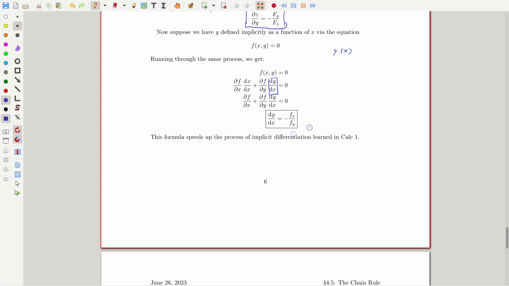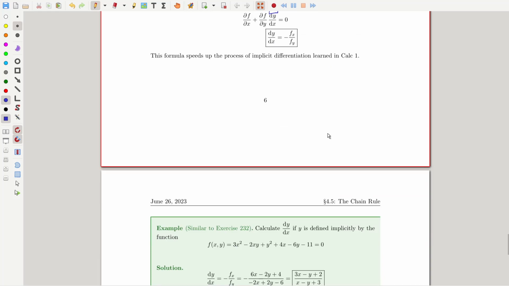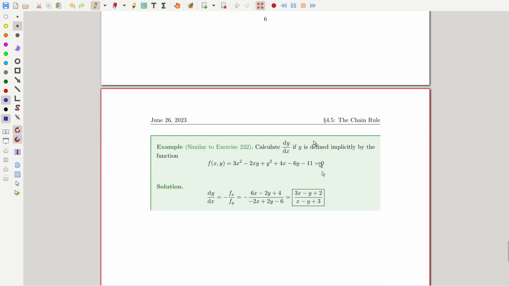You grouped them to two different sides of the equation, then factored out dy/dx, and divided over the rest of the equation. It was a 3-step process, which ends up being compacted into this simple formula. So you don't need to run through a 3-step process. You can just use one formula for it. That's kind of nice.